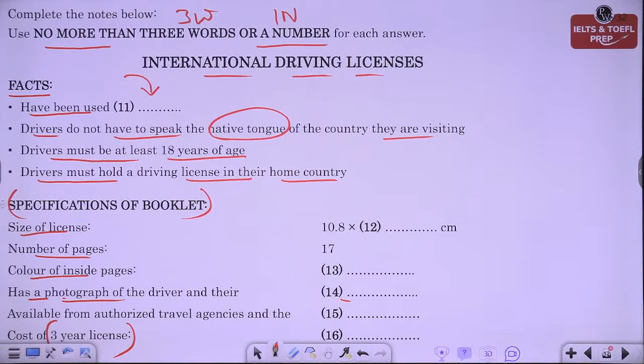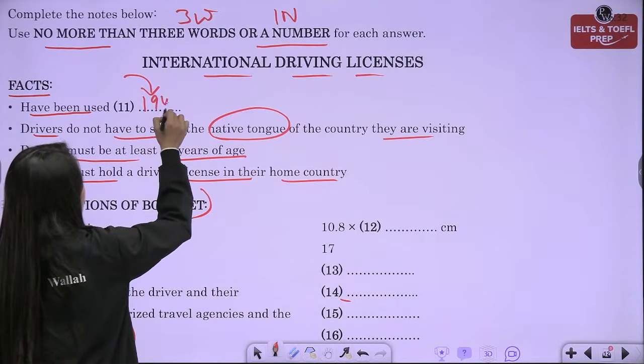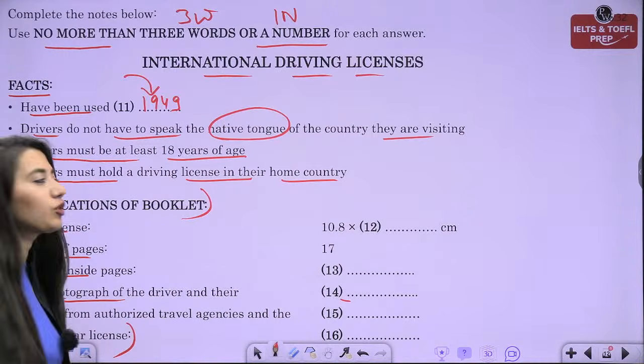Start writing, typing down your answers, waiting for it. What should I write in the first one? It will be your year's name, right? The answer will be 1949. Okay? That will be the correct answer for this one.